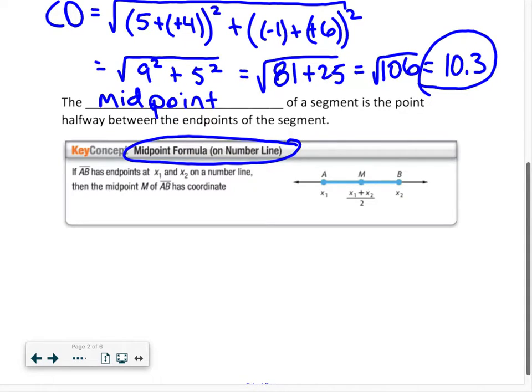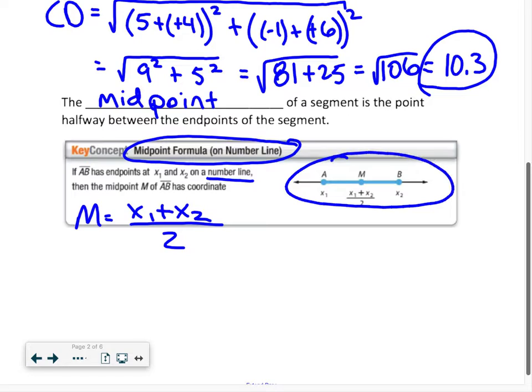So if AB has endpoints at x1 and x2 on a number line, then the midpoint M of AB has a coordinate of x1 plus x2 divided by 2. If we've got x1, x2, we add them together and divide by 2. That gives us our midpoint.